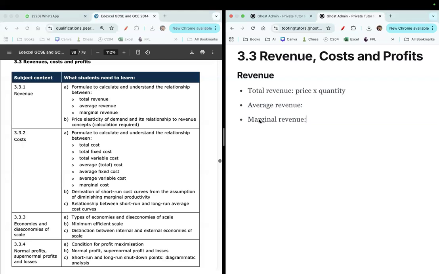Or if a company's making 105 chairs right now, the marginal revenue would be a calculation of how much the 106th chair would make. Okay? So how much revenue one extra unit brings in.